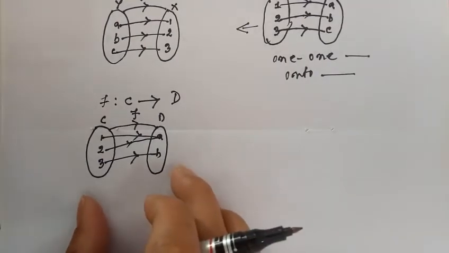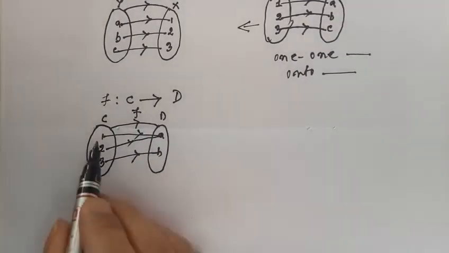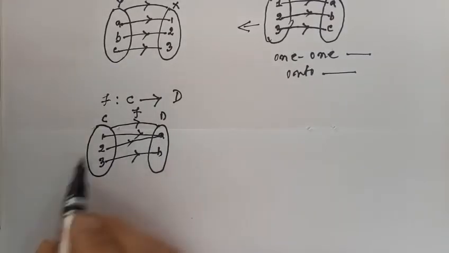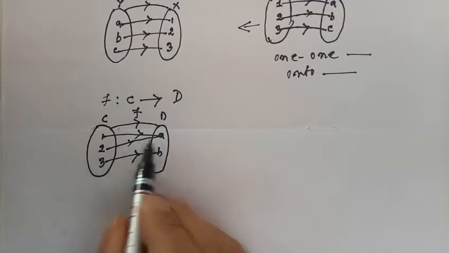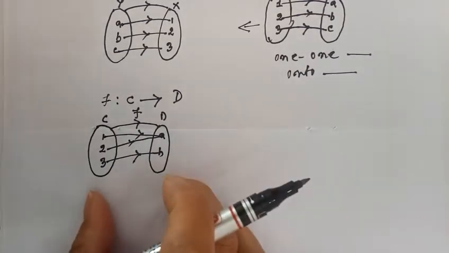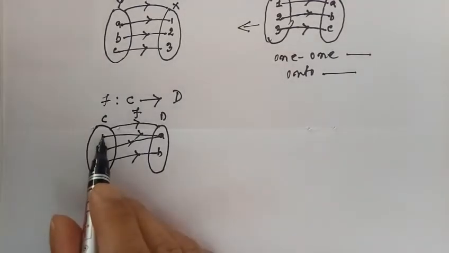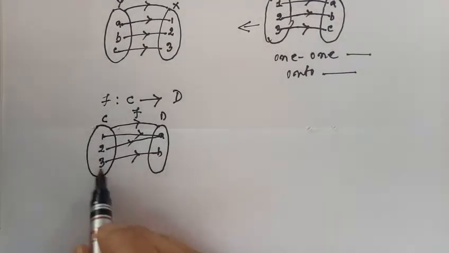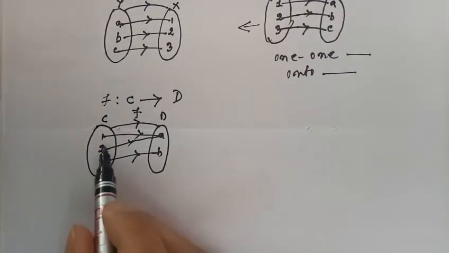This function is not 1-1 because 1 and 2 have what? This a. 1 relates with a, 2 relates with a, 3 is different. For 1-1, what we understand is that every element of set C, here 1, 2, 3, every element of this domain has a distinct image.